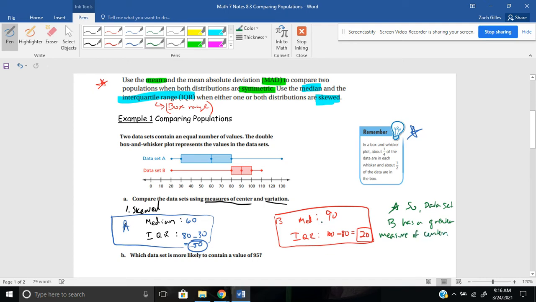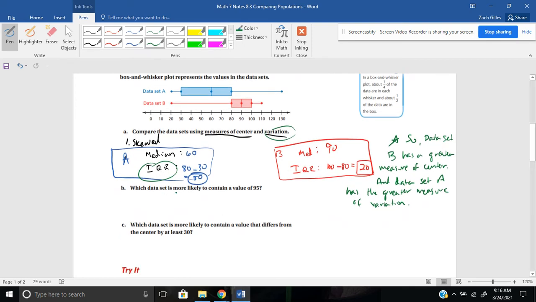In other words, it has the greater median, right? 90 is bigger than 60. And data set A has the greater measure of variation, right? Our measure of variation is the interquartile range. So this one's 50, this one's 20. So I'm just comparing those, right?